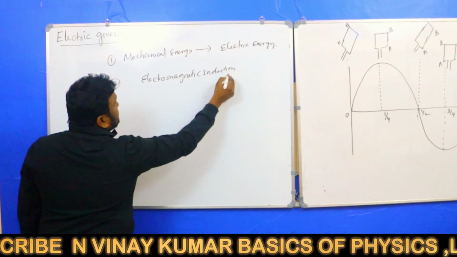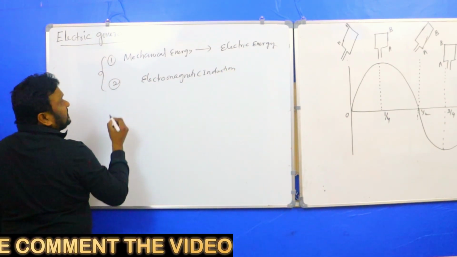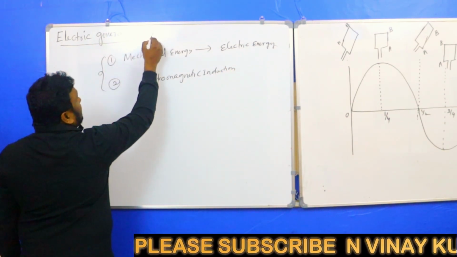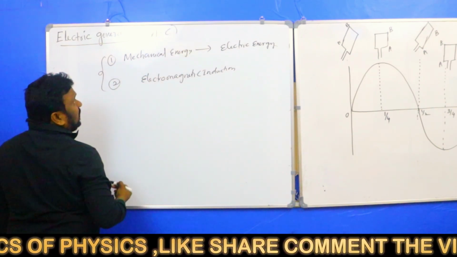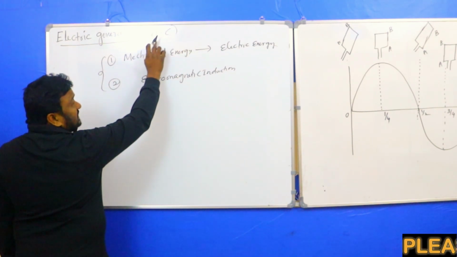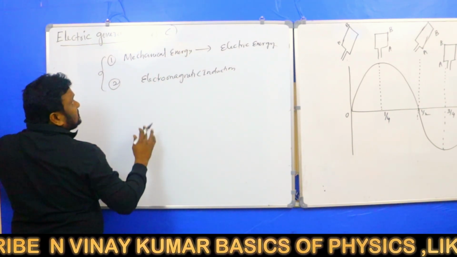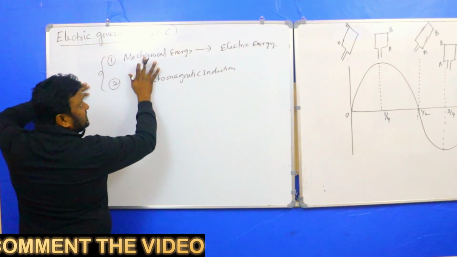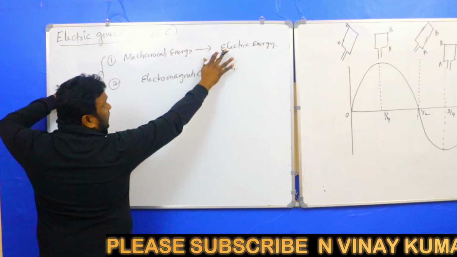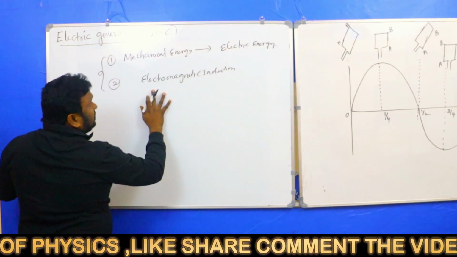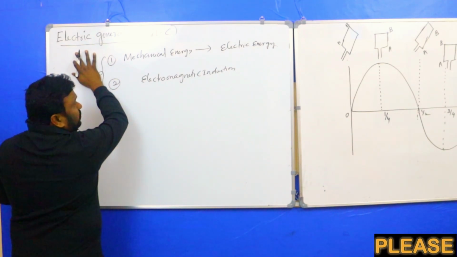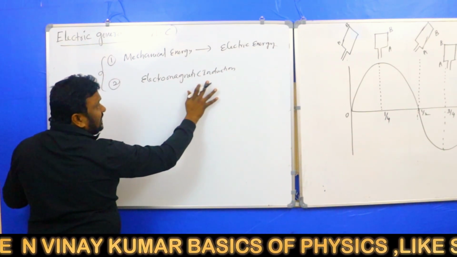So these are the two primary things about the electric generator, and we are going to discuss the alternating current generator. So the first thing is what? Mechanical energy is converted into electrical energy, and the AC generator works on the principle of electromagnetic induction.